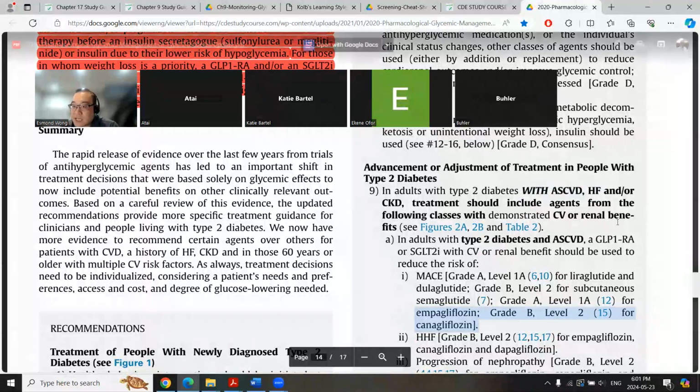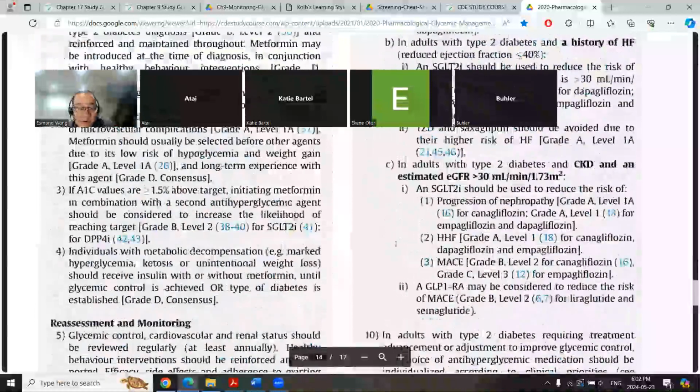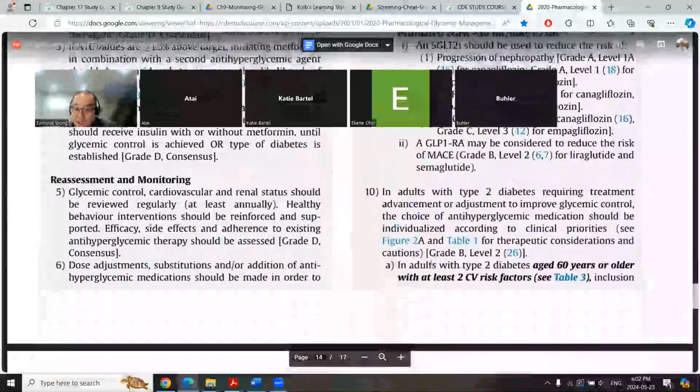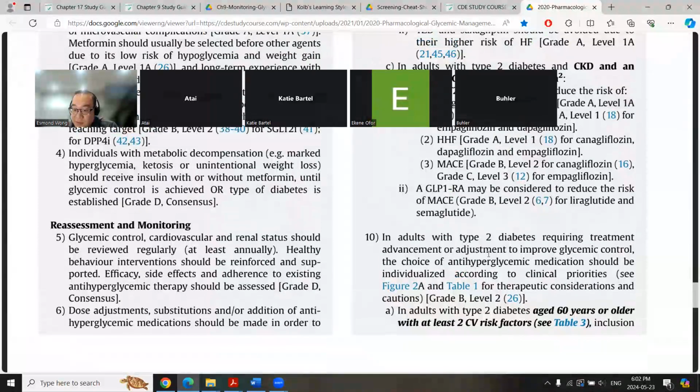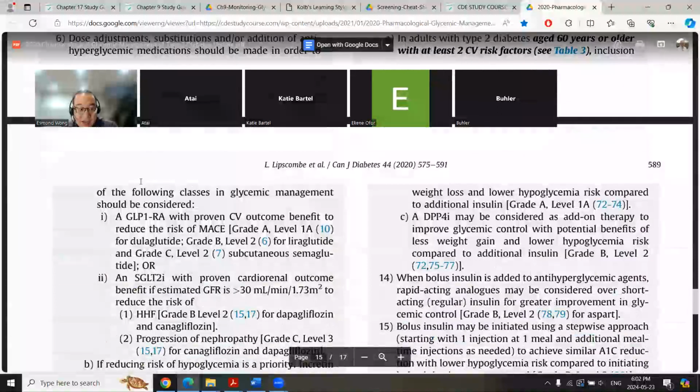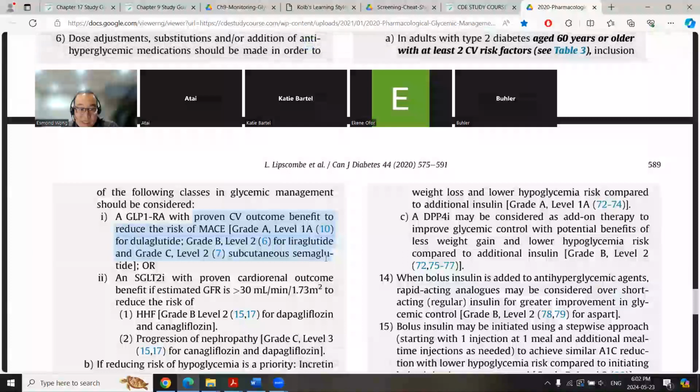So Forxiga is actually not for primary or for secondary, as you can see here. For primary prevention, you would look here in adults age 60 or older with at least 2 CV risk factors, but these are people who haven't had a CV event. It's actually the SGLT2s that have the most evidence for MACE.